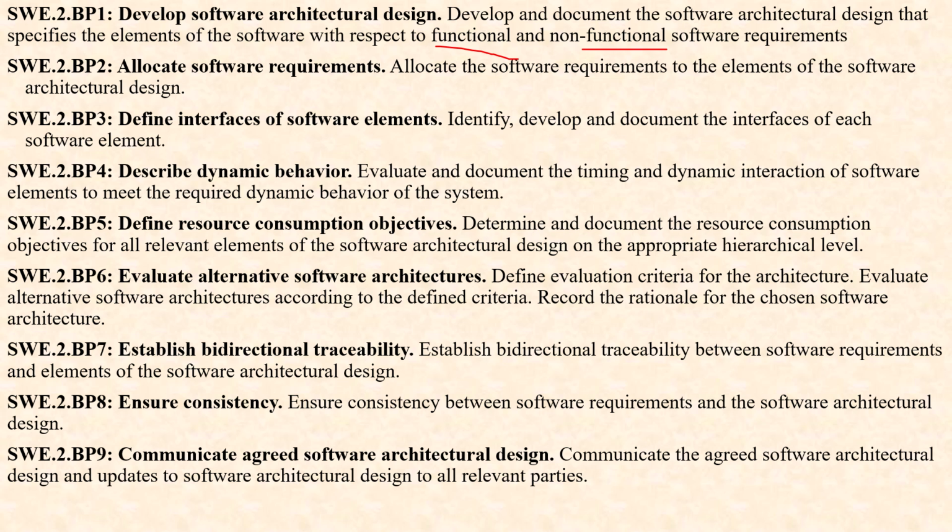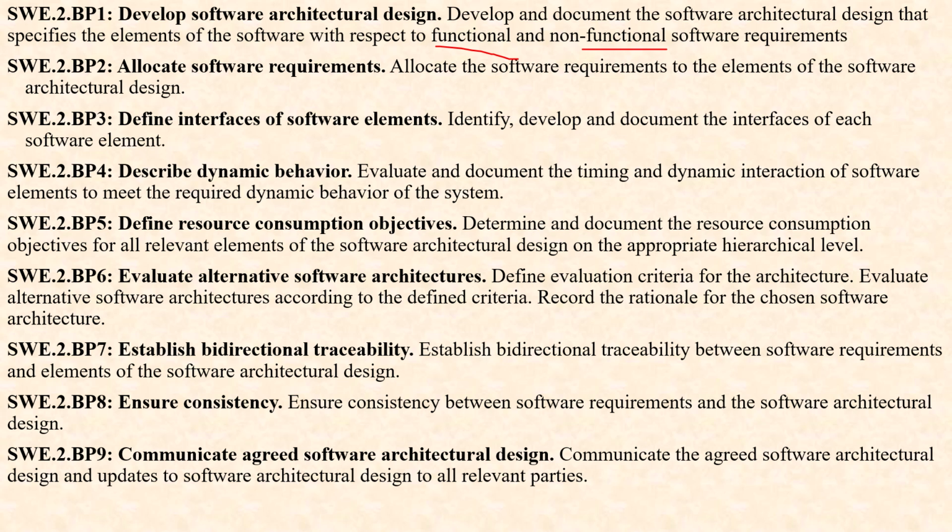Next comes allocate software requirements: allocating the software requirements to the elements of the software architectural design. In the above base practice, we saw the functional and non-functional software requirements, but in base practice 2, you allocate the entire software requirements to the elements of the software architectural design. Very subtle difference. You may think that these two are repetitive, but there is a subtle difference.